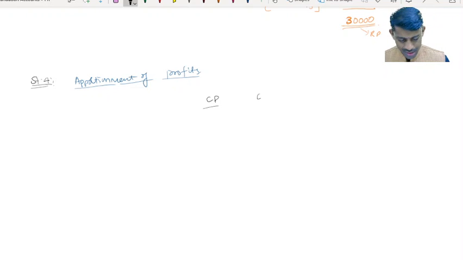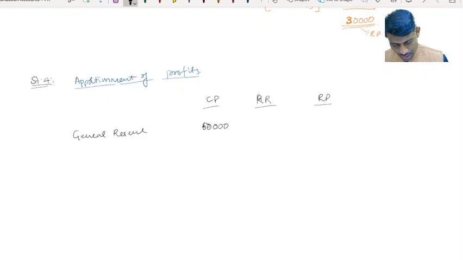Just for your information, I can write revenue reserve and revenue profit. To start with, first is general reserve. General reserve capital profit is complete 50,000. Revenue reserve is nil.